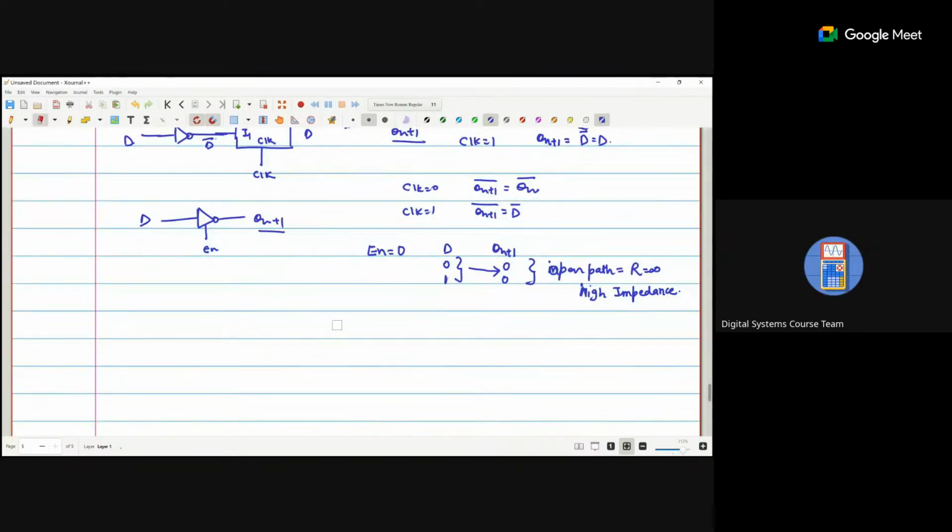So if enable is 0, we are getting Qn plus 1 as Z. And if enable is 1, we are getting Qn plus 1 as D, not D, D bar.